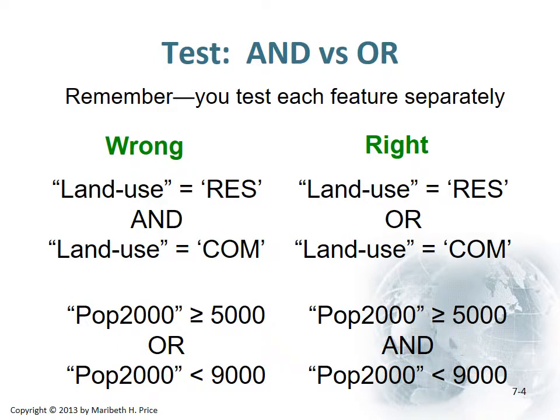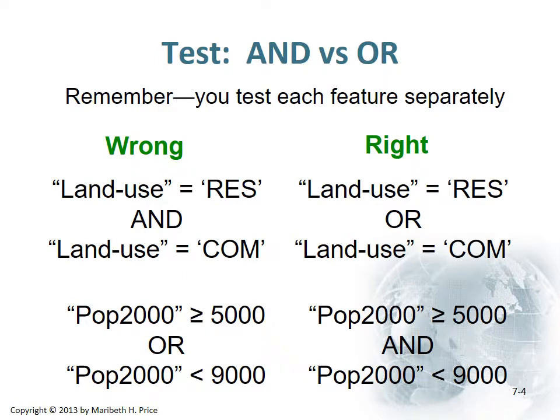The second example is numerical. It's quantitative. So on the left, pop 2,000 greater than or equal to 5,000 or pop 2,000 less than 9,000. Well, how does that work numerically? We've basically selected the entire number line, which is not a good statement.